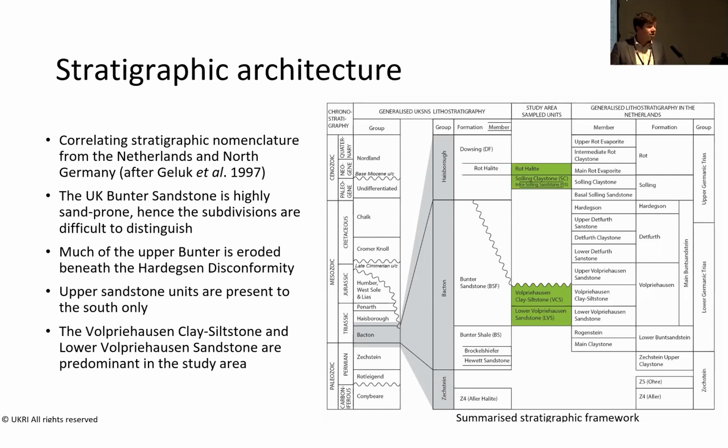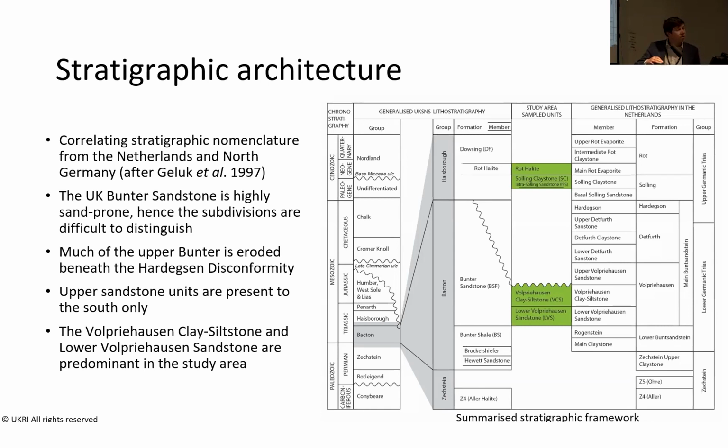Butler sandstone is actually highly sand prone. Hence, the subdivisions are difficult to distinguish because we don't have these thicker shale packages with which to distinguish the various subunits. Much of the Bunter in our sector, especially in our area of interest here, is actually eroded beneath the Hardegsen disconformity. So the upper sandstone units present in neighbouring countries, these Detfurth-type sandstones, are actually absent in most of our study area.